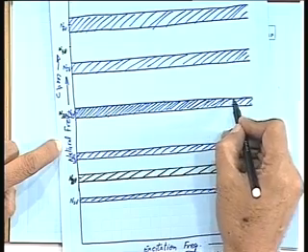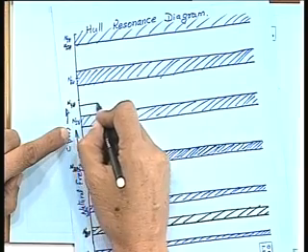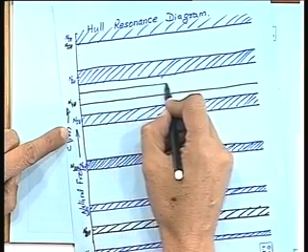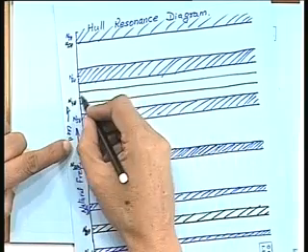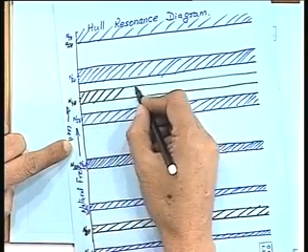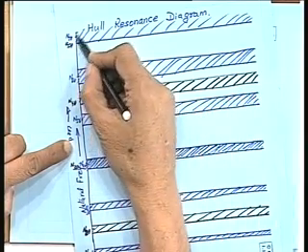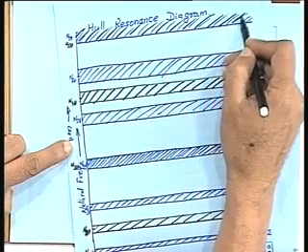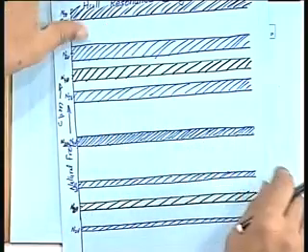If not, some up and down will be there. So 2H, 3H, 4H and 5H have also been marked here.